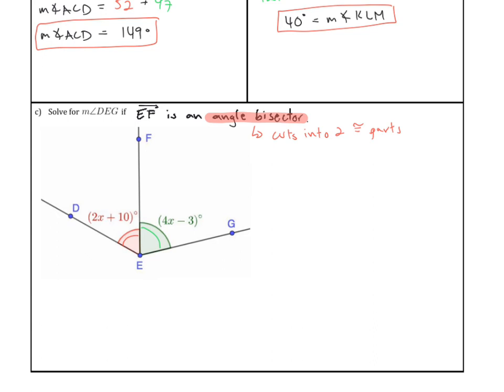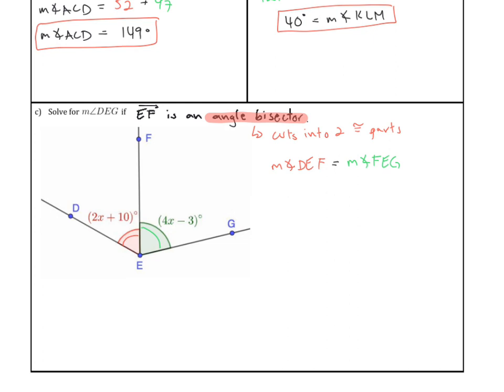So we can go ahead and actually write that down as an equation. So I have the measure of angle DEF, and this has to be equal to the measure of angle FEG, because again, these two angles right here are congruent.